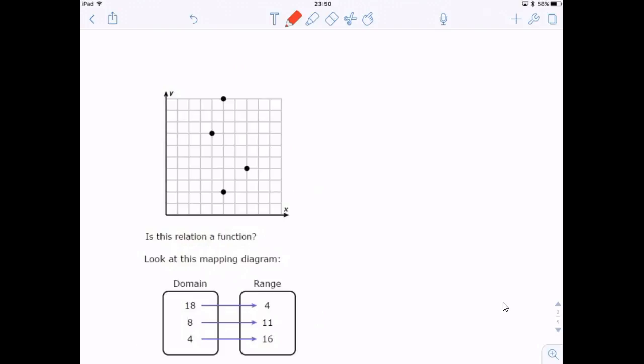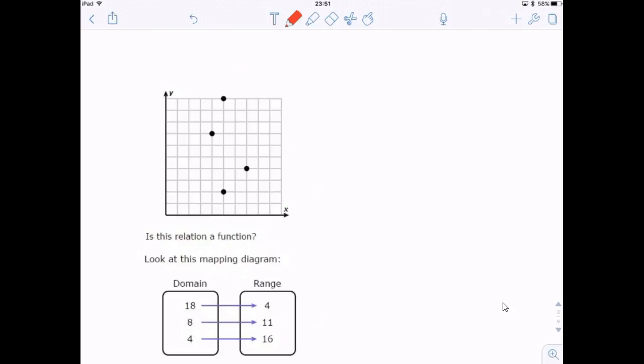But that player is always going to be mapped to a certain level with that pair of shoes, no matter what day it is, okay? So, on the other hand, Relly, when he wears a pair of shoes, sometimes he's going to play well and sometimes he's going to play bad. So sometimes a relation maps a basketball player to a 90 game, and sometimes it'll map him to a 70 game, and it depends on the day.